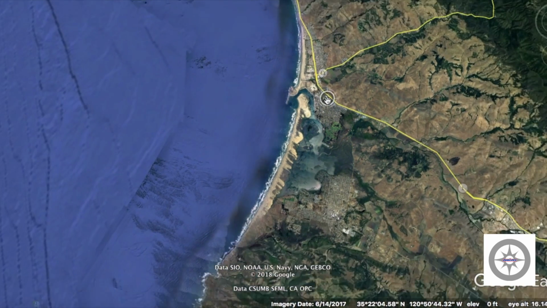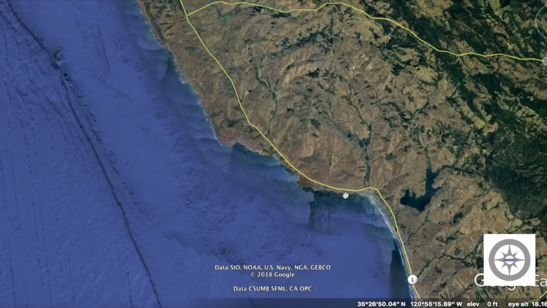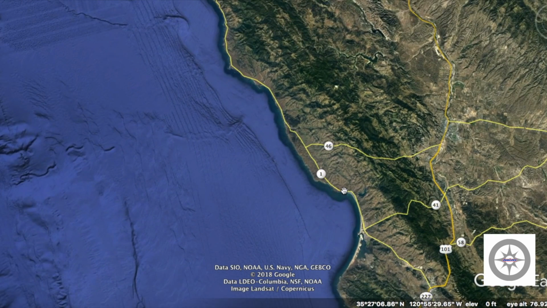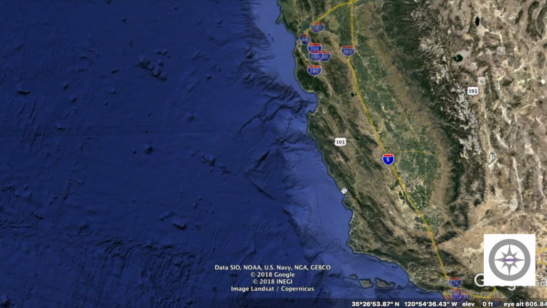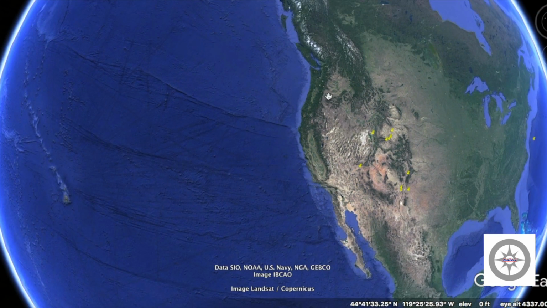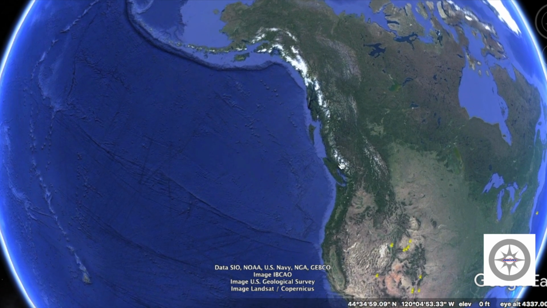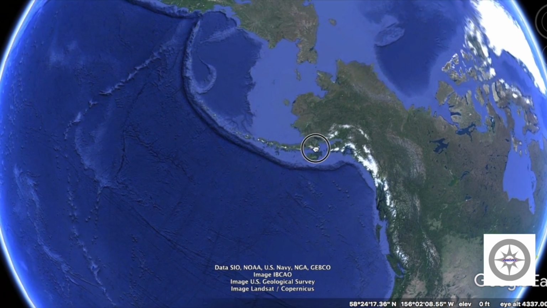But now what I want to do is go and find some of these sandbars in places where there are no towns or people, and it would be very difficult to justify building a sandbar in a remote area. So we could go up here, and they're everywhere, but we could go to Alaska.